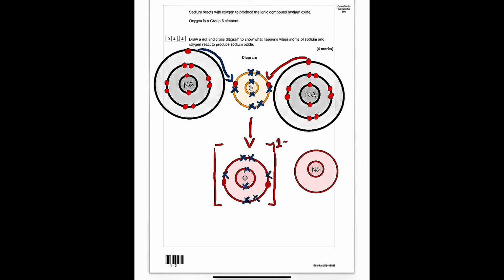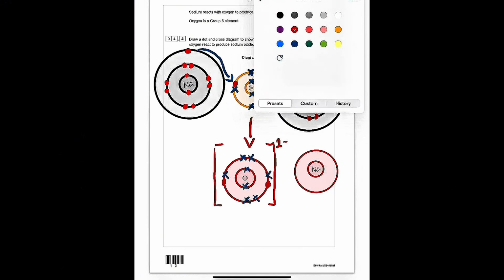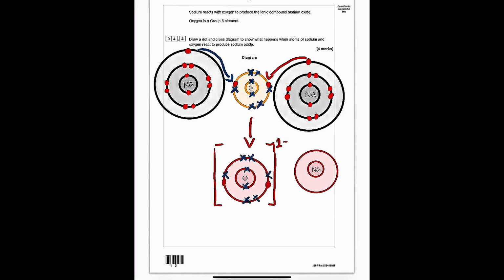Na, and I'm going to draw the electrons over here. We can see that sodium now has a full outer shell of electrons. It's lost one electron and it's got a full outer shell over here. And also we need to include the brackets, along with the charge outside the bracket. And the charge for sodium is going to be +1.